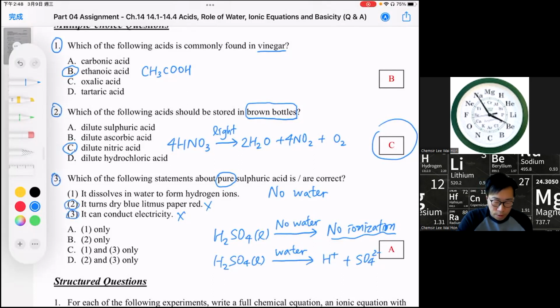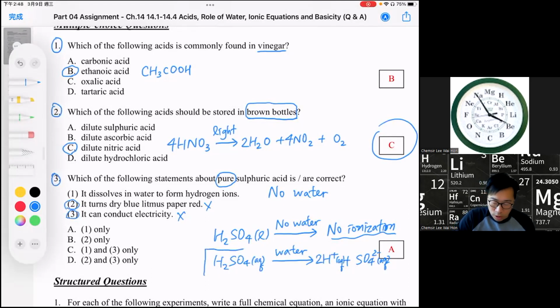Of course, if water is present, it is no longer liquid. It should be aq. Similarly, H+ and sulfate ion all are aq. Of course, to balance the equation, you have to add the 2 here once again.